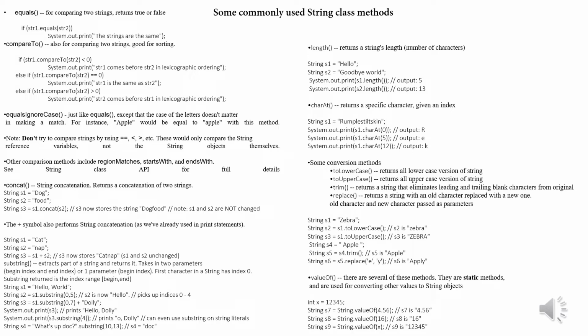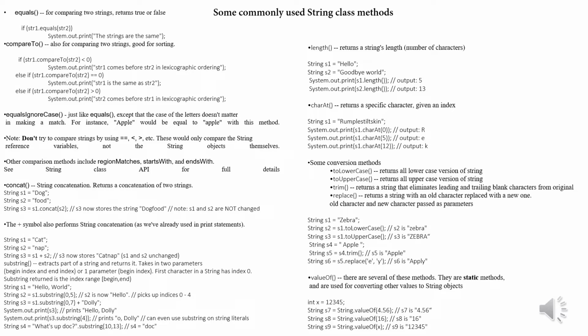If string1.compareTo(string2) is less than 0, it means string1 comes before string2 in lexicographic ordering. And if string1.compareTo(string2) is greater than 0, it means string2 comes before string1 in lexicographic ordering. So that's how you can use this method.